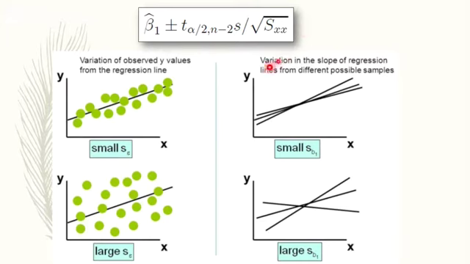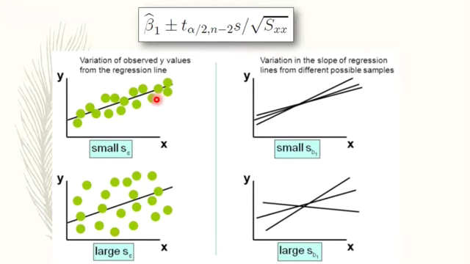Now, if we have a look here, I've got different graphs. You can obviously see that in this graph, the spread around the line is a lot less than in this case. The fact that this data is spread out a lot less means this S is going to be smaller in this case than it is going to be here.